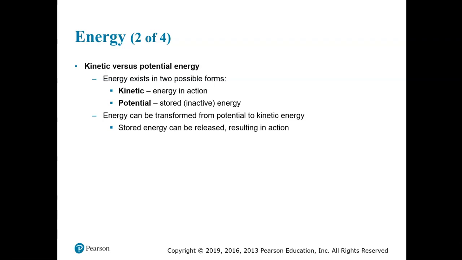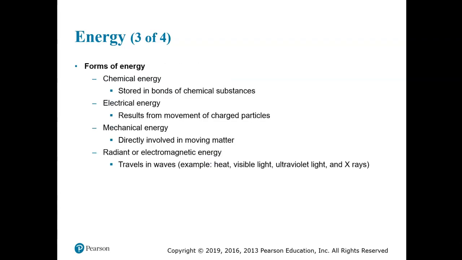We do see kinetic energy released in the form of muscle contractions, for example. That would definitely be the energy of motion. But mainly potential we're going to see stored in the bonds of chemical substances. So we call that chemical energy.